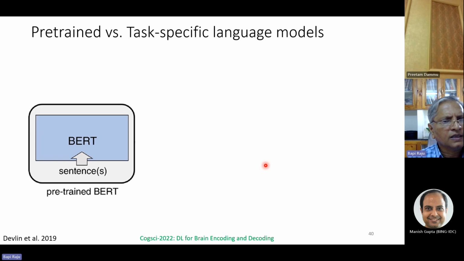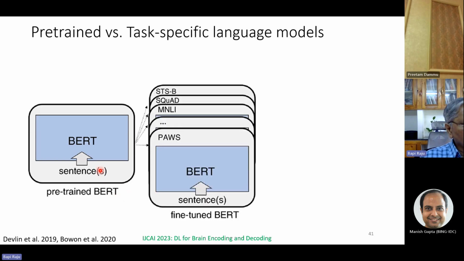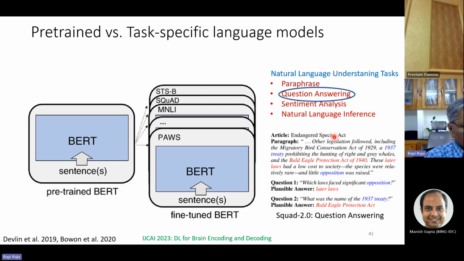So what they have done is look at two kinds of representation. One is from pre-trained BERT models and also fine-tuned BERT models. These models are fine-tuned on different natural language understanding tasks, whether it's paraphrasing or sentiment analysis or Q&A or NLI, these different kinds of natural language tasks.